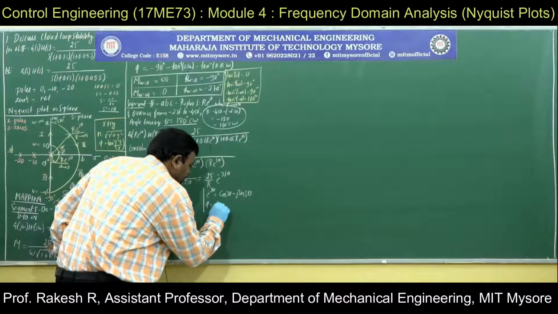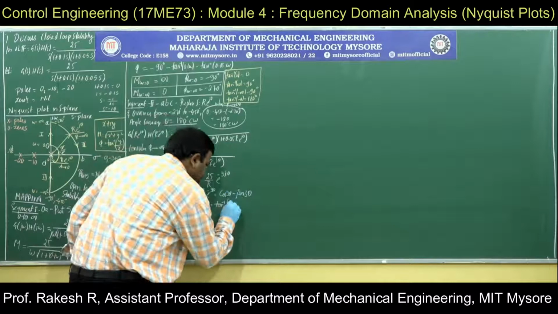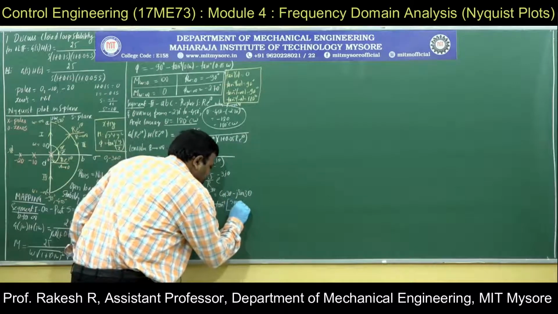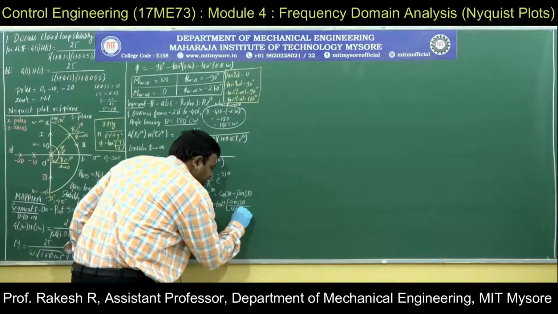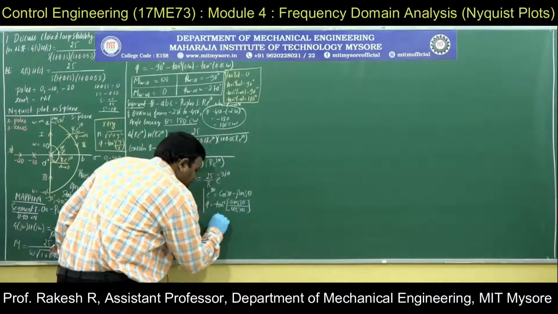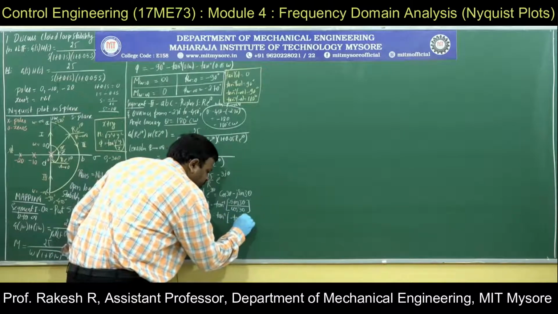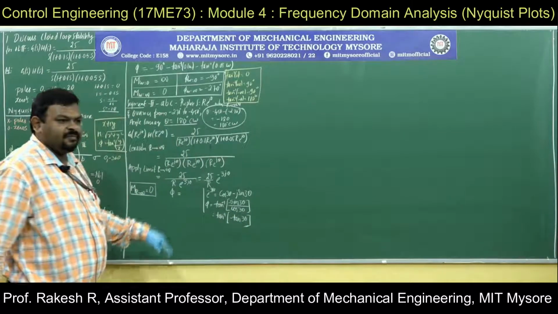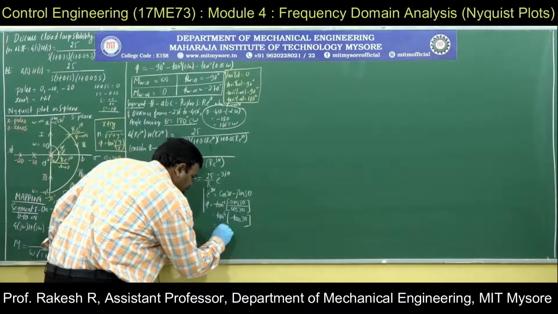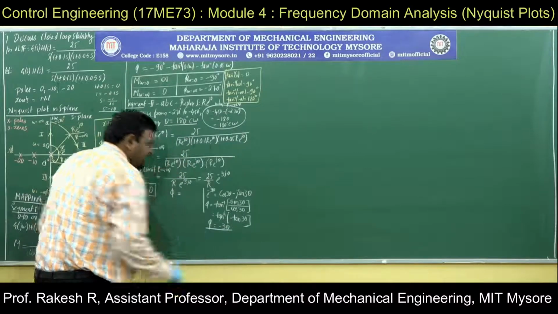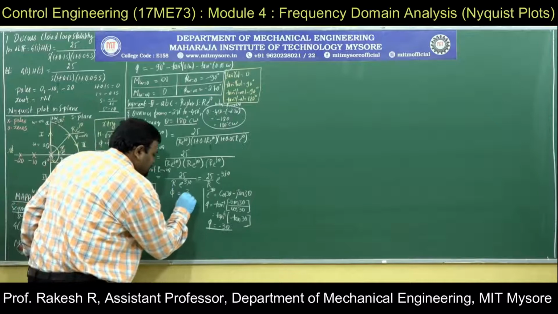Phase angle is equal to tan inverse of the imaginary part, minus sin 3 theta, divided by the real part, cos 3 theta. So tan inverse of sin by cos, again tan. So tan inverse tan will get cancelled, and you will be left with only minus 3 theta.